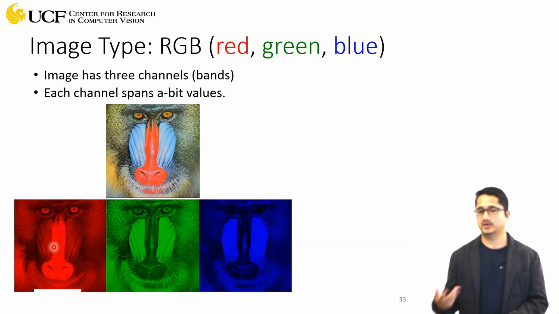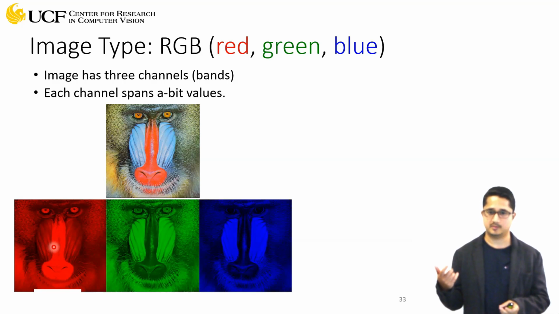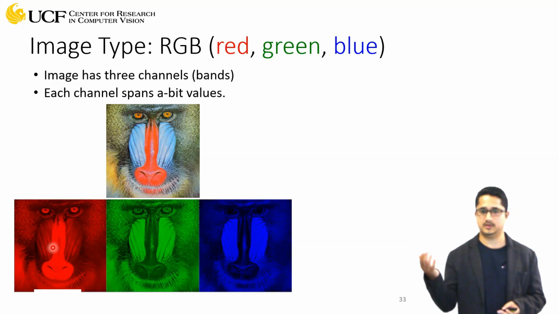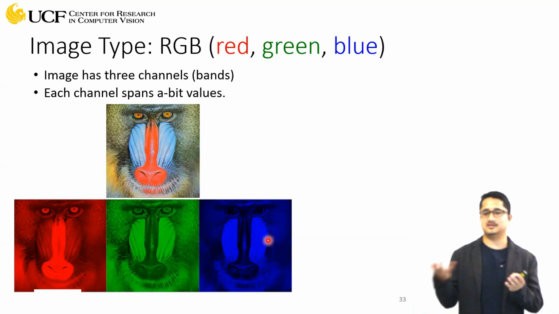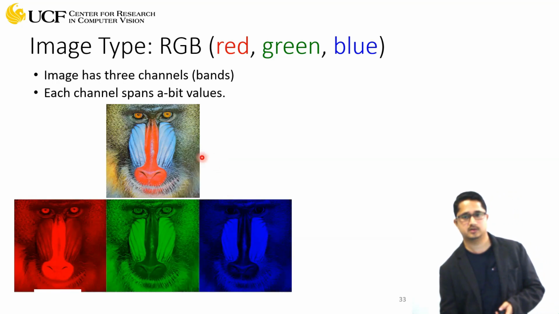The only difference is that in that case it went from 0 to 255, representing white all the way up to black. In this case, it goes from no red all the way up to complete full red. And this is for green, and this is for blue. So an RGB image is nothing but 3 different channels, and when you combine these 3 together, the RGB image is formed.